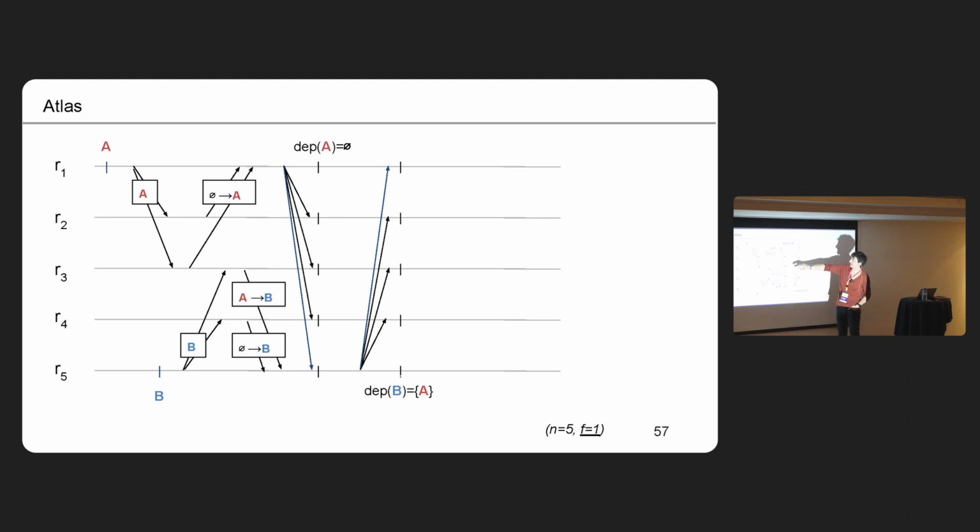Yeah, in that case, for instance, let's say we have f equal 2 and we contact 4 nodes, except that the order is swapped between those 2 nodes. For instance, that's a possibility. In that case, you need to wait, and you see that. It's not changing at all the logic of Paxos. That is, you construct a graph and you execute according to the graph in the same manner as egalitarian Paxos. So we cannot execute B until we also... Yes, if there is a cycle, you need the transitive closure of the cycle in the graph.